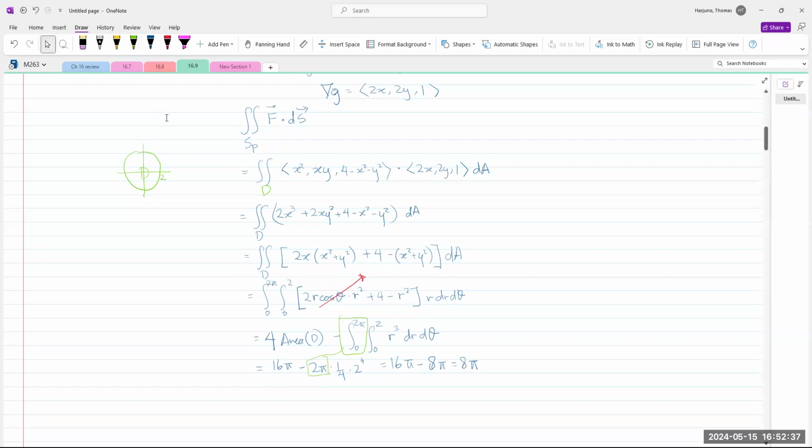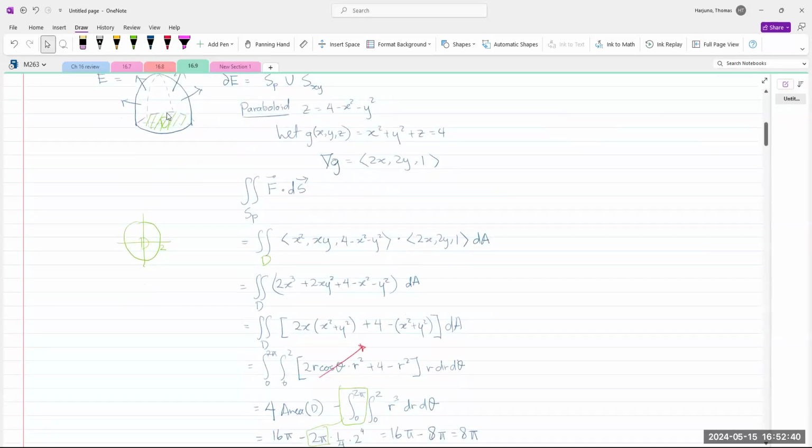We are not done yet because this is only the surface for the paraboloid. Now how about the plane, the surface in the xy plane? The surface is z equals 0, but notice that for that surface the orientation, the direction, is facing down, right? So the normal vector should be 0, 0, -1.